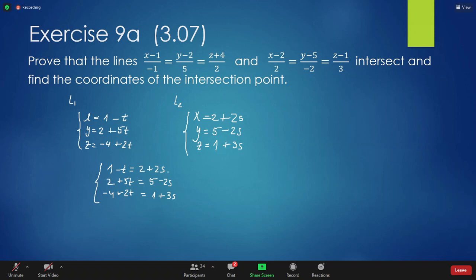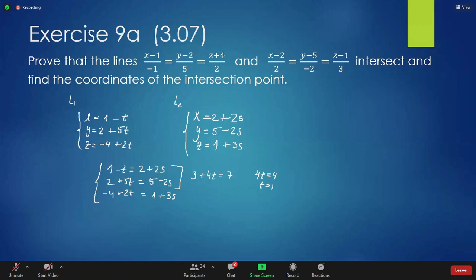So it looks like these 2 equations would be very good for finding t, because you see, if you add the first and the second equation without changing anything, the s parameter will cancel out. So I have 3 plus 4t when I add them equals 7, and 2s minus 2s disappears. So we have 4t equals 4, t is 1.